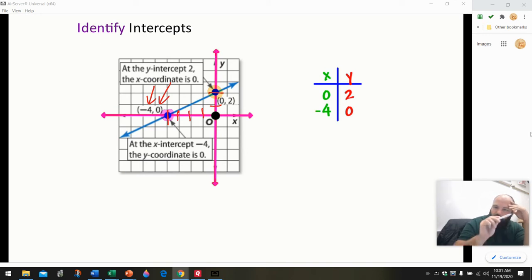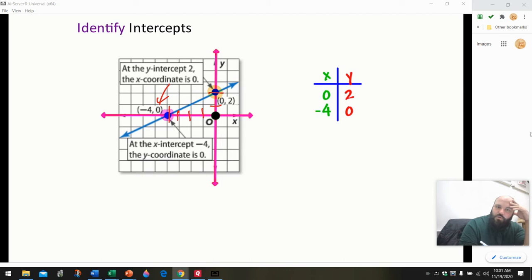Because we did not go up or down from the origin. We simply went to one side. So anywhere on the x-axis, if you have a point, the y value will be 0 right there.